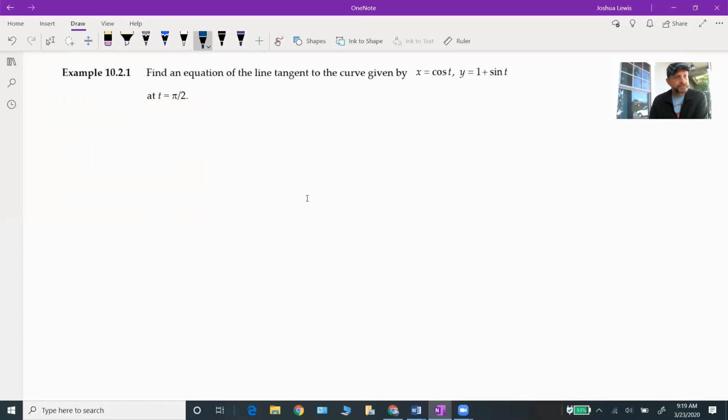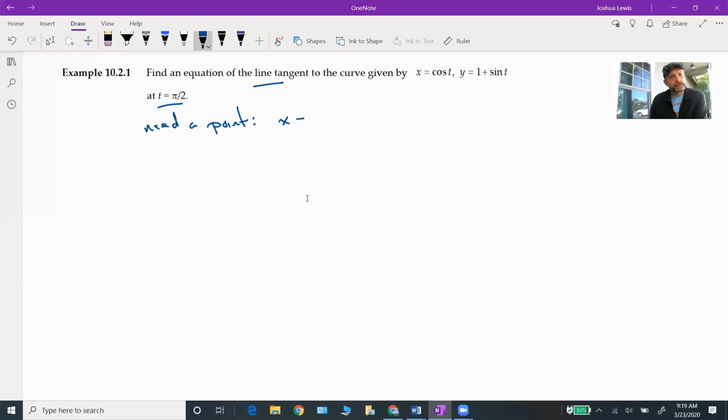We're finding the equation of a line, so what do we need? Just like any line, we need a point. Where will that point come from? We know what t is, and based on t we know what x and y are.